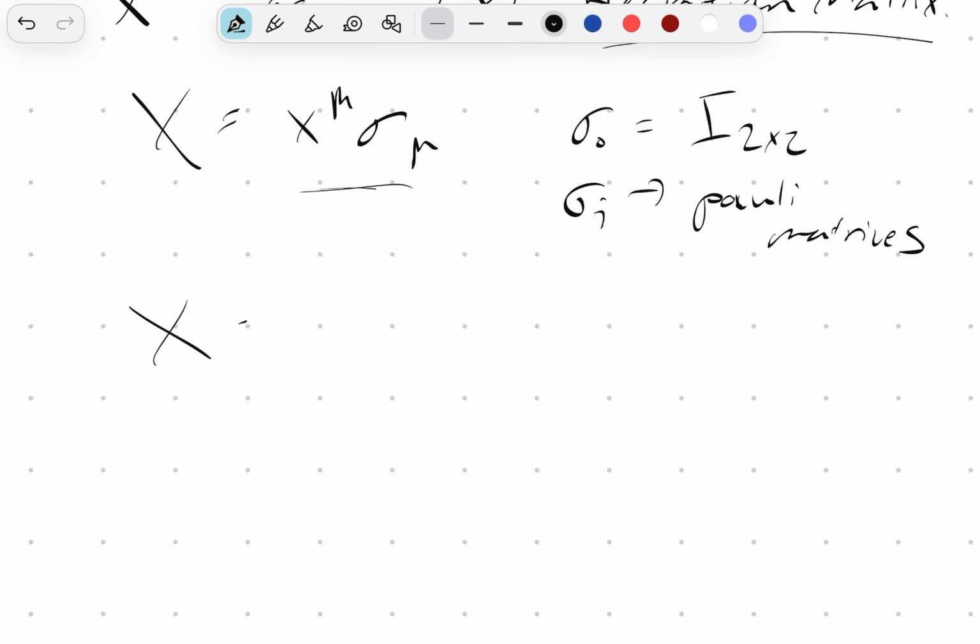But if we take this x, where x0 is time, the time variable, x1 minus i x2, x1 plus i x2, as you can see, it is Hermitian. That means it's invariant if I take the transpose and then complex conjugate the matrix.